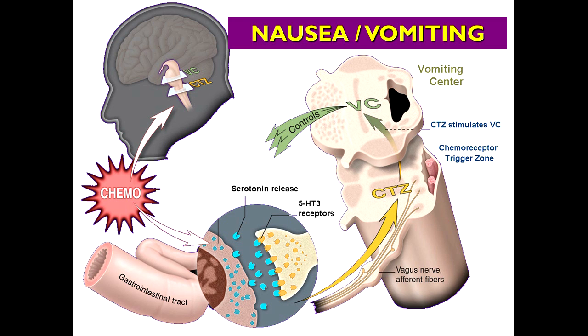So the goal of the current medications in the armament, called 5-HT3 receptor antagonists, is to block at the chemoreceptor trigger zone in the vomiting center, therefore stopping the vomiting from occurring. Our 5-HT3 receptor antagonists all end in tron, which you may be familiar with: palonosetron, ondansetron, dolasetron, and granisetron.